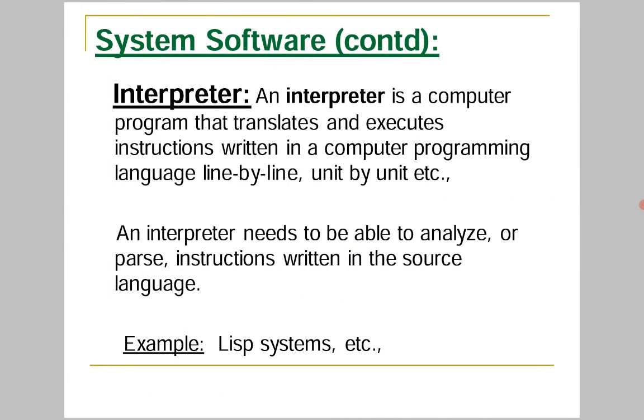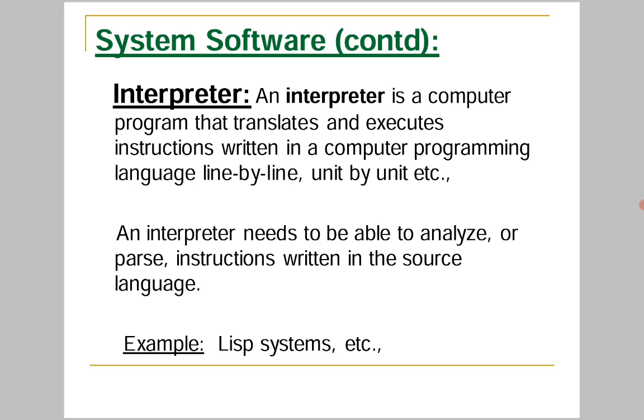So interpreter is another application program. Translators are of two types. First one is called a compiler, and the second one is called an interpreter. An interpreter is a computer program that translates and executes instructions written in a computer programming language line by line, unit by unit, etc. An interpreter needs to be able to analyze or parse instructions written in the source language.